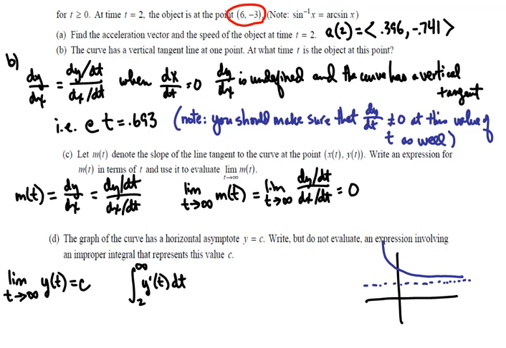And so we would find that using y prime of t as the integrand. So we have the integral from 2 to infinity of y prime of t dt.